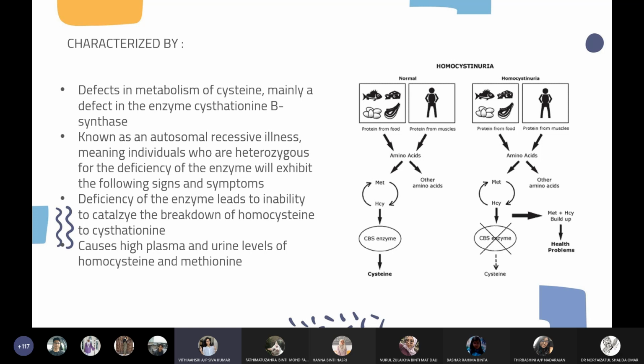As a result, there will be high accumulation of homocysteine and methionine in the blood plasma and in the urine. However, there will be a low level of cysteine because the production of cystathionine is inhibited. That's it for my part. Thank you.